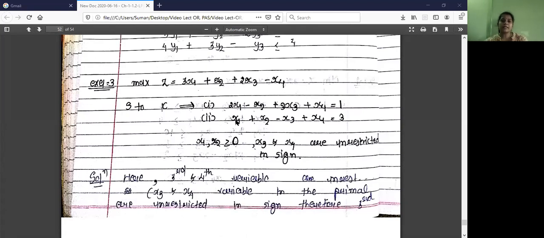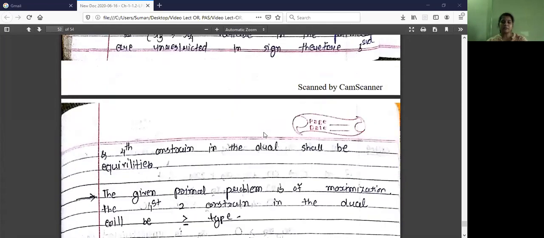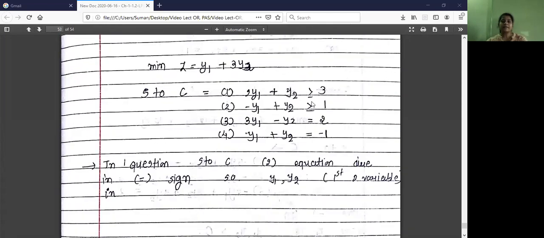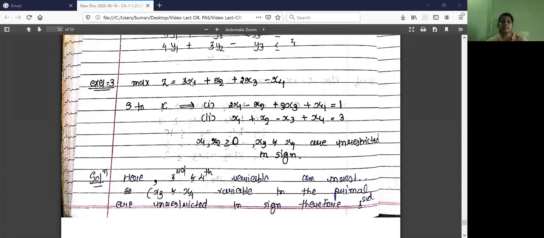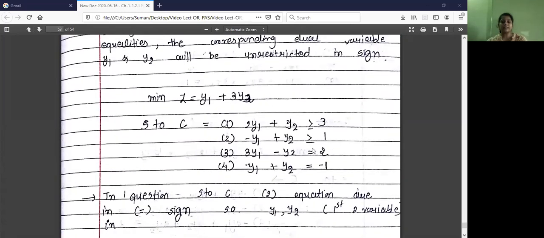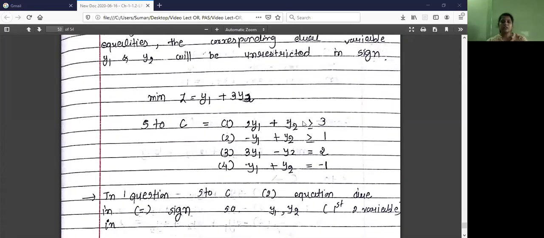So 2y1 plus y2 greater than or equal to 3. Why do we write the value 3? Because 3 is the coefficient of x1. Got it? Our second equation is minus y1 plus y2 greater than or equal to 1. So these are our first two constraint equations.